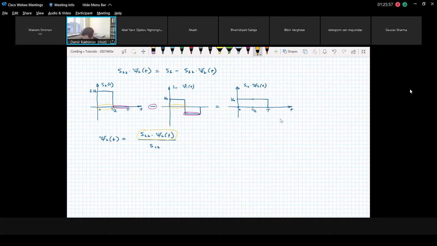So we have this product, and then we need to normalize it by S12, which we have to find. We can rewrite this as S12 times the second basis function normalized by the energy of S12. Okay, and we need to find the energy of S12, and we can find it as the integral from 0 to capital T.